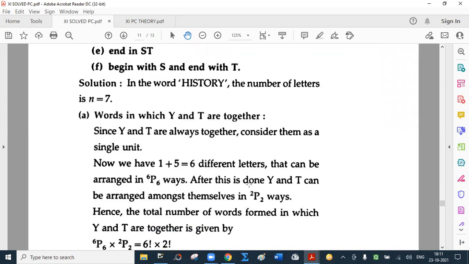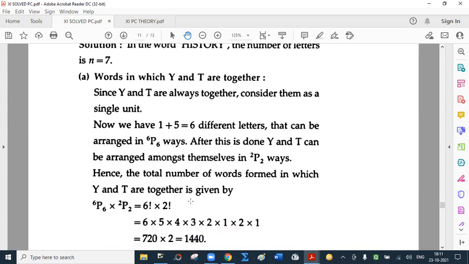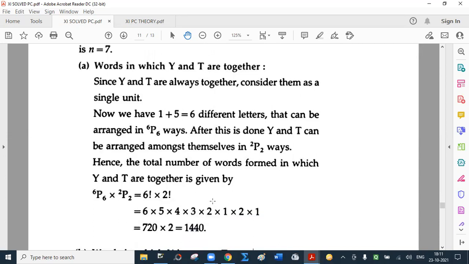Hence, the total number of words, actually they should use the word arrangement, because by word we mean an arrangement which has dictionary meaning usually. So they should say arrangements. Anyway, the total number of words formed in which Y and T are always together is 6P6 into 2P2, that is 1440.